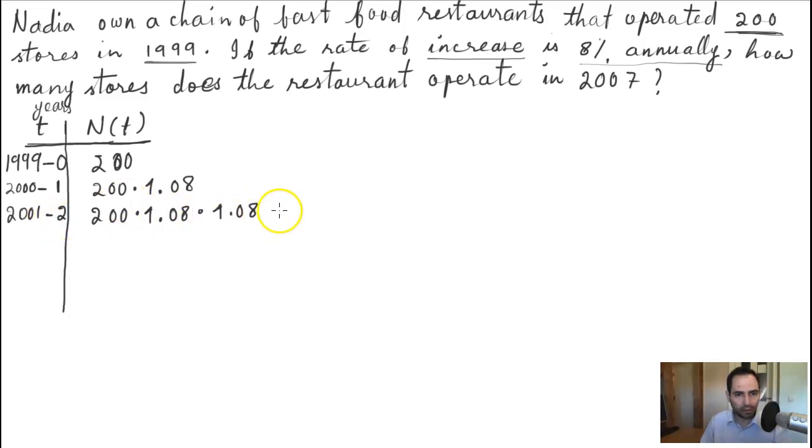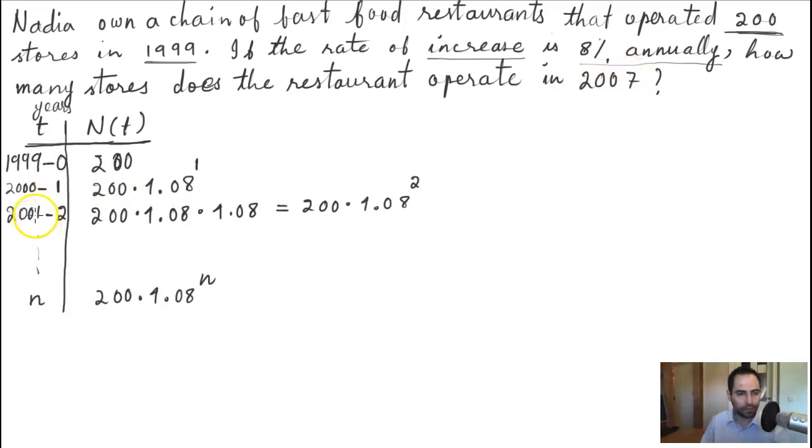So you can rewrite this as 200 times 1.08 raised to the second power, and you can rewrite the earlier ones as raised to the first power and raised to the 0th power. So after n years, the number of stores will be 200 times 1.08 raised to the nth power. Now what is 2007?